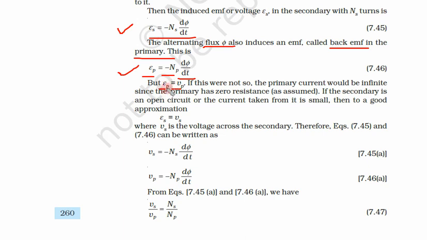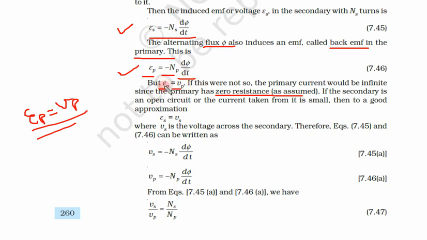So the meaning of this line is that there is some internal resistance, which is very small, and in that case epsilon P is equal to Vp. Otherwise, if we assume there is zero resistance, the current in the circuit would be infinite. So we cannot assume that.